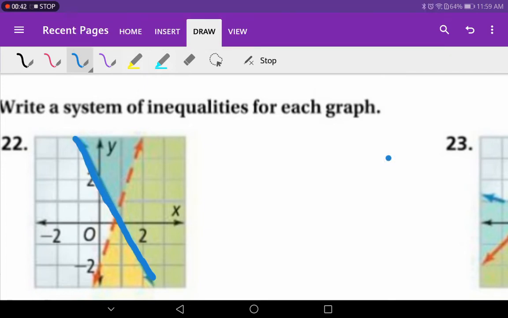Actually, we have to determine the area here. You see, the area of the solution for this line is up, yes, and the line is solid. Solid means a continuous line, not dashes.